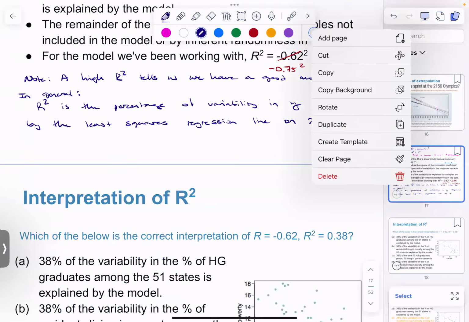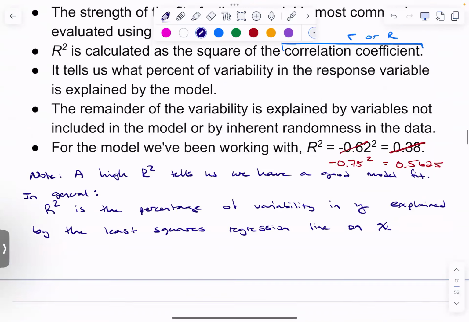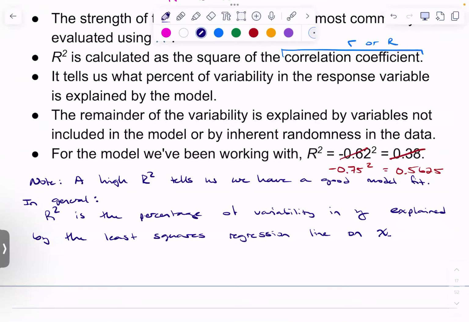Let me add a page here. So what we would say, once we have our R squared, I convert it to a percentage if I want to talk about a percentage.